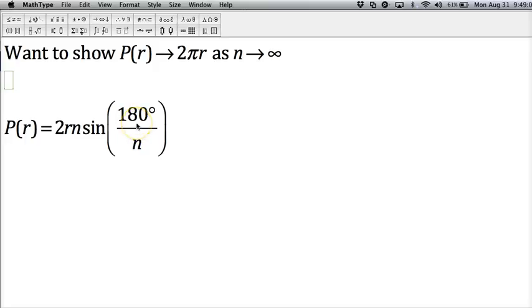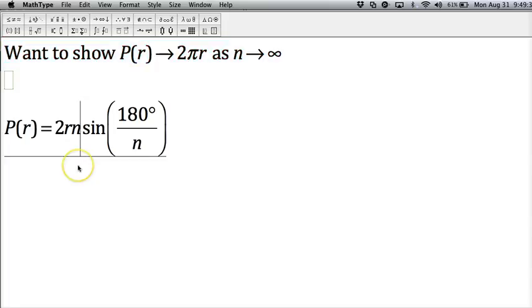To aid with that, right now I'm using MathType, but this could be done in any editor or even on the board. In any case, we want to show that P of R equals, or at least approaches, 2 pi r. And since we know P of R really is this expression here, I'm going to copy this statement and revise it.